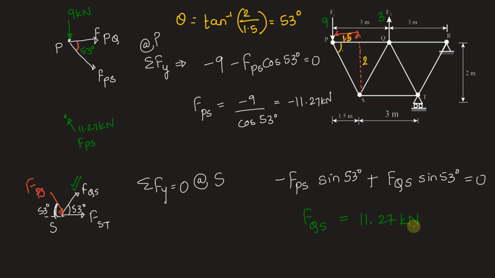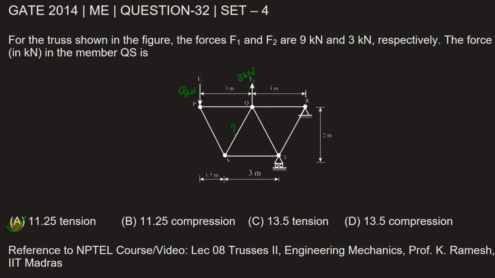A positive sign means the direction we assumed is correct, so FQS is away from the joint, which means it is tensile. 11.27 kilonewton tensile force is the force in member QS. Let's go back and mark the correct option. Option A gives not 11.27 but nearly equal, 11.25 kilonewton, which is tensile.